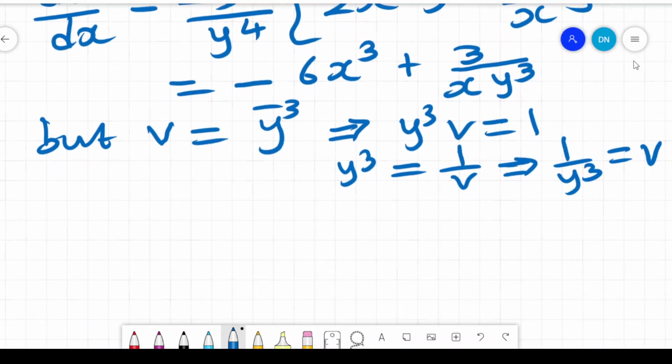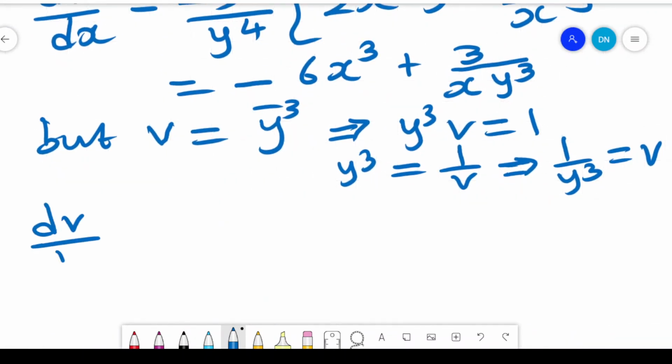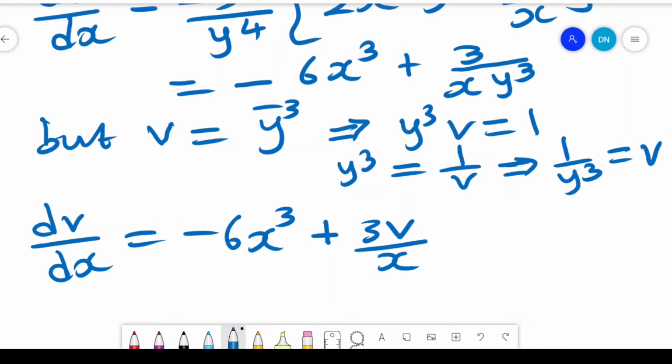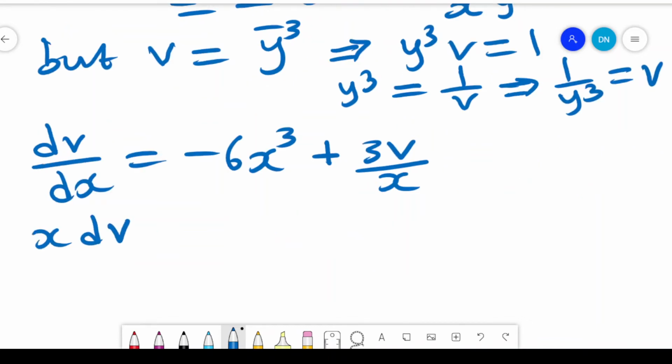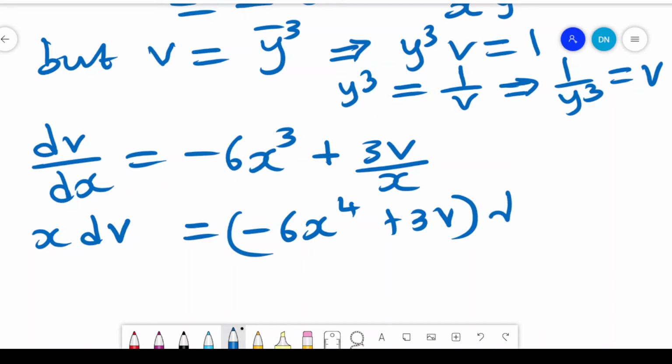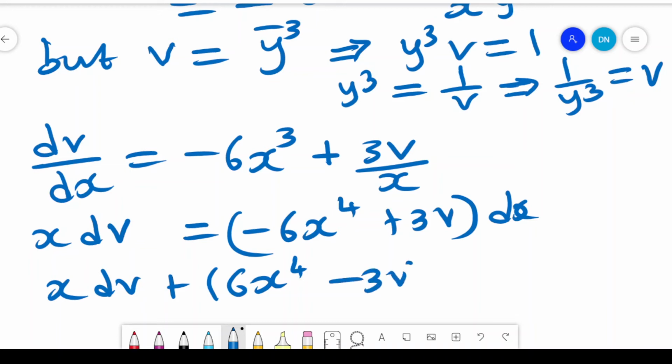Therefore, we have dv/dx = (-6x^3 + 3v)/x. So x dv = (-6x^4 + 3v) dx. In other words, x dv + (6x^4 - 3v) dx = 0.